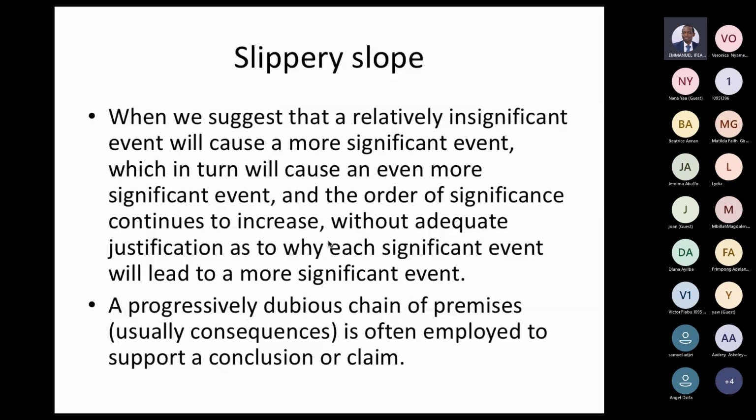Because sometimes A might happen and it might lead to some events that will not get to Z. Sometimes A might happen, it might lead to B, C, D, and stop at D. Or sometimes A might happen and it will lead to B, C, D, E, F, and stop at G. So to assume that anytime A happens, it must lead all the way to Z is the slippery slope.